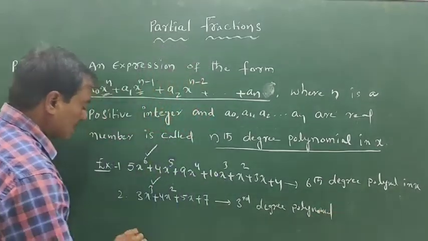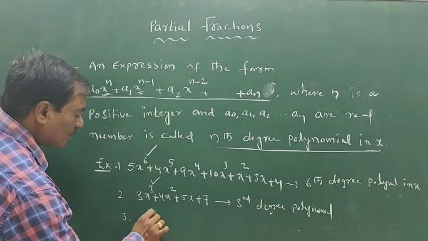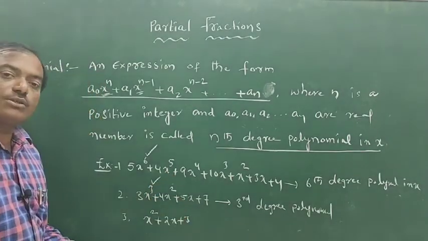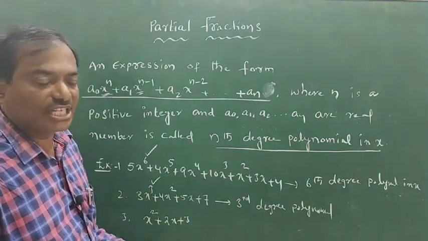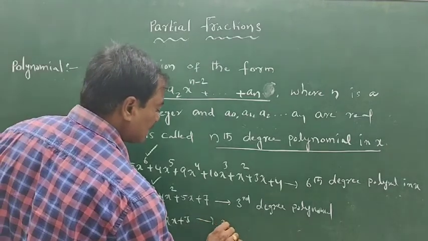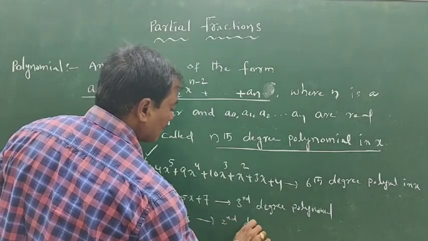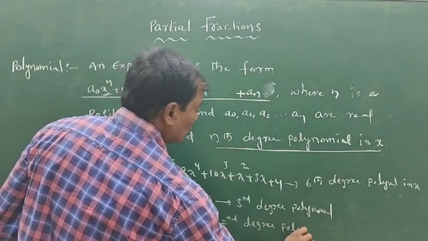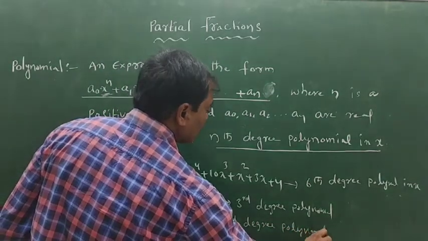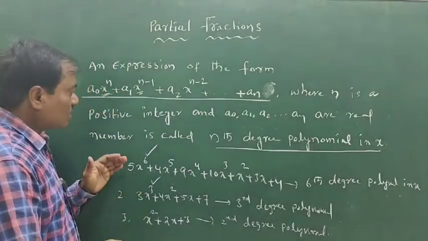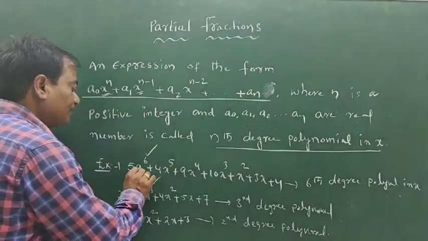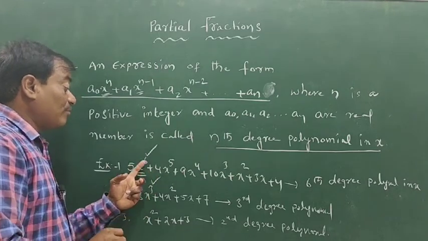One more example: x square plus 2x plus 3. This is a polynomial of degree 2, meaning a second degree polynomial.